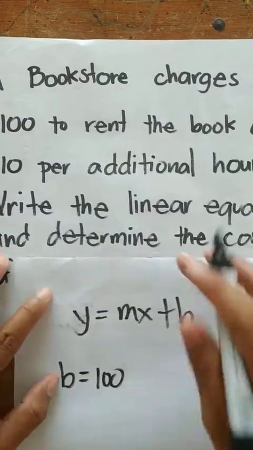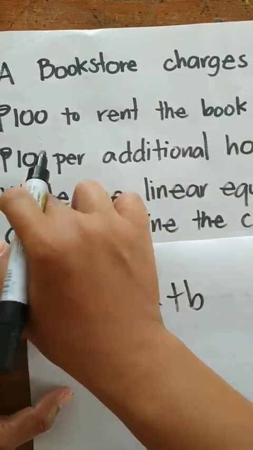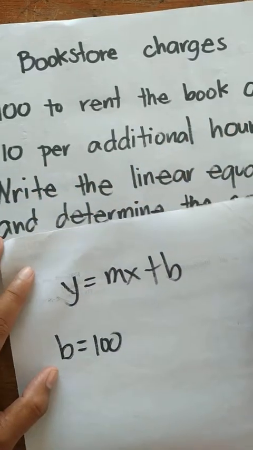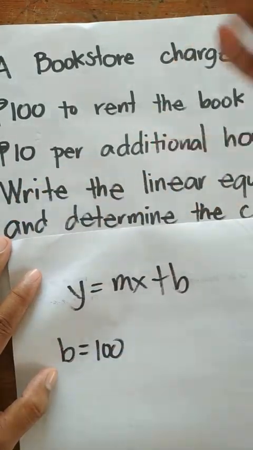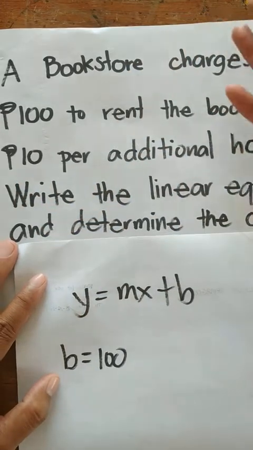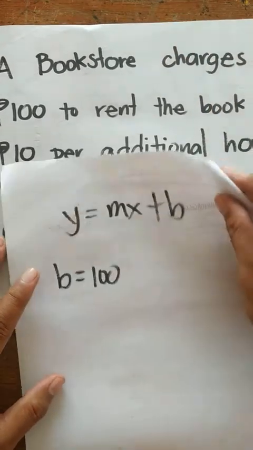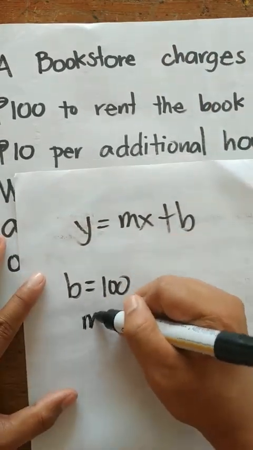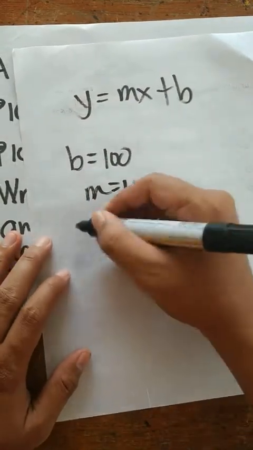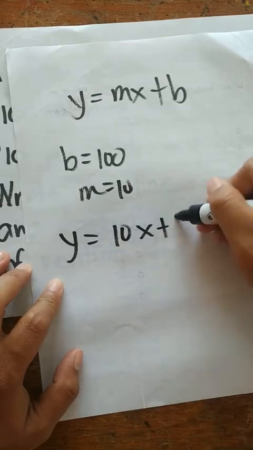Next, it says you will also be charged 10 pesos per additional hour. So every hour, 10 pesos would be added, which means it will change. That is your slope, so your slope would be 10. We will have our equation as y equals 10x plus 100.